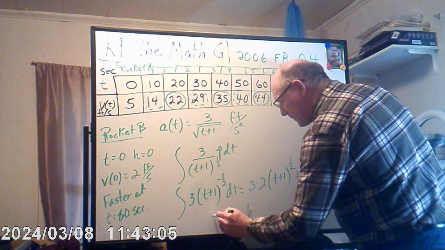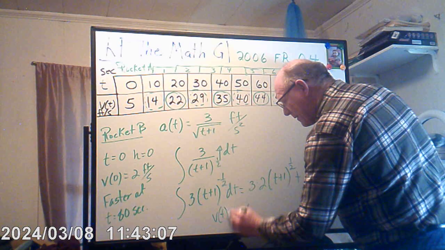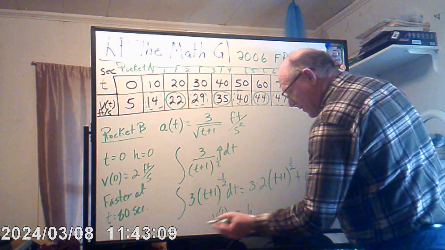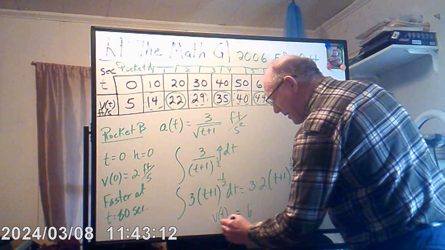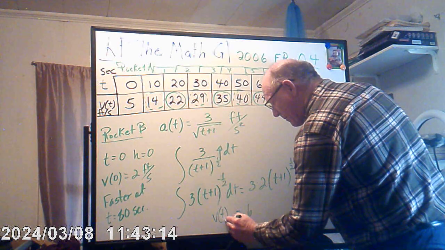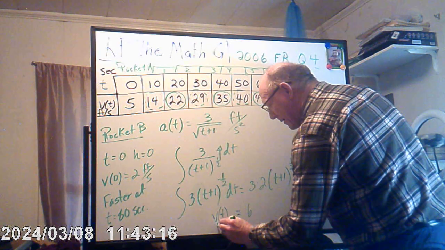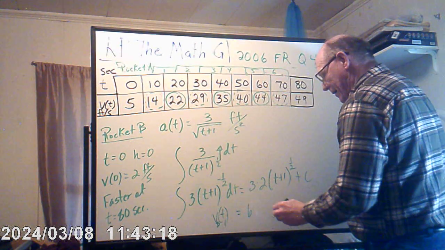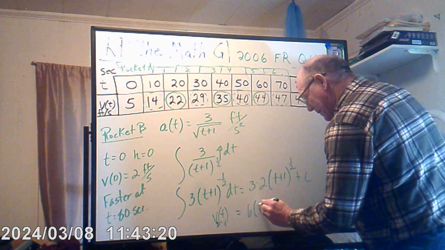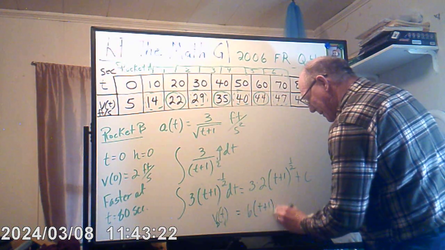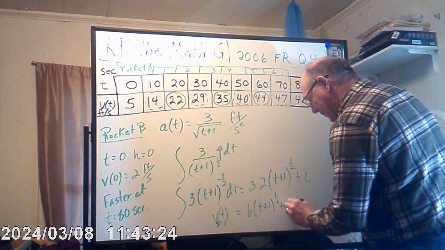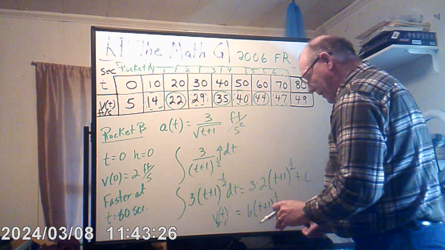So now v at t, this is rocket B, is 6 times t plus 1 to the 1/2 plus c. But now we need to figure out what c is.